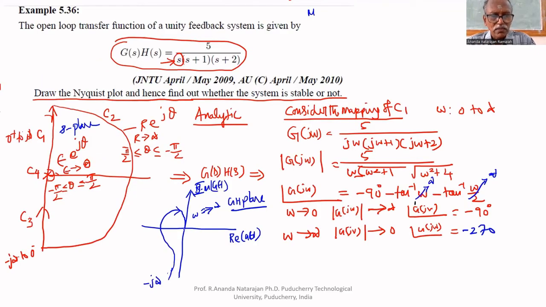It is nothing but a point at the origin.